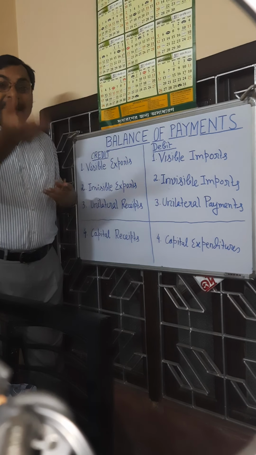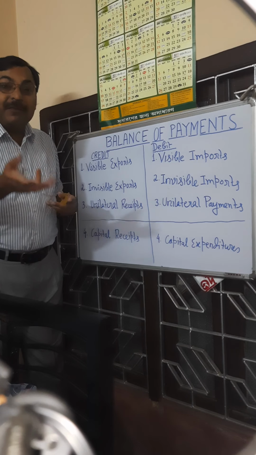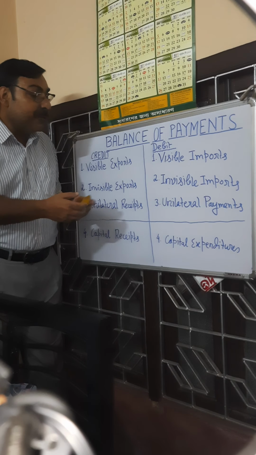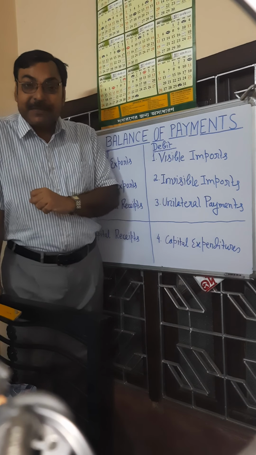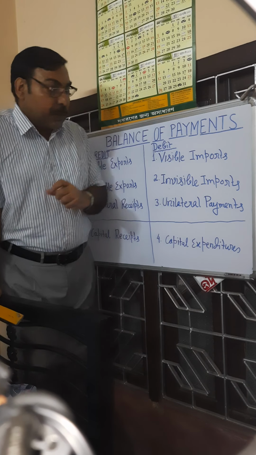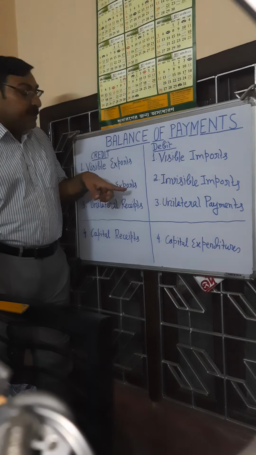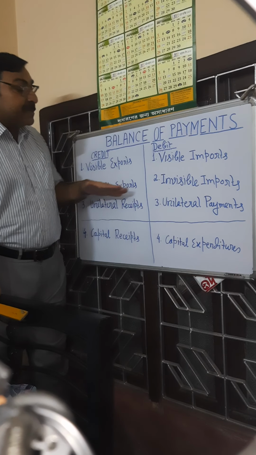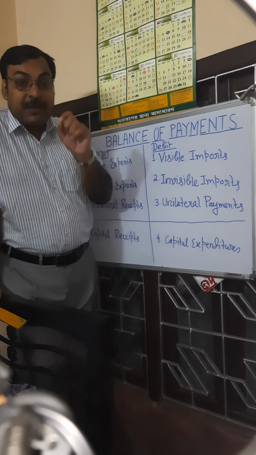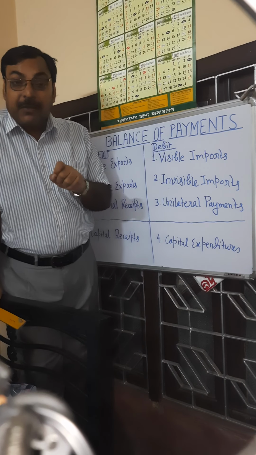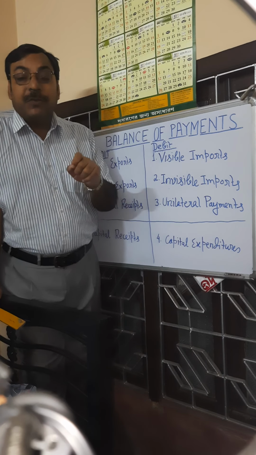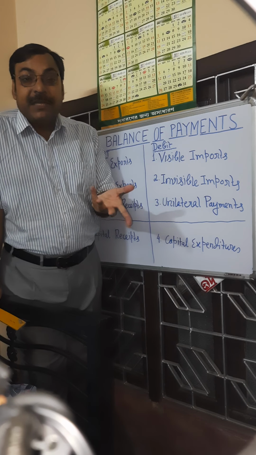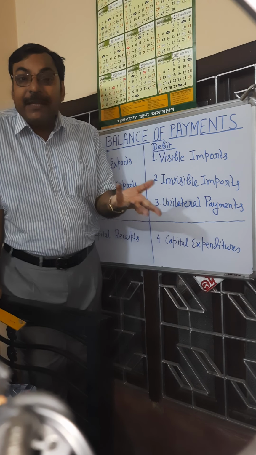And if we are spending outside, traveling in foreign countries, that will also be included on the debit side of invisible items. So the second item, invisible exports and imports, includes services, investment income, interest income, and also income or expenditure through travel and tourism.